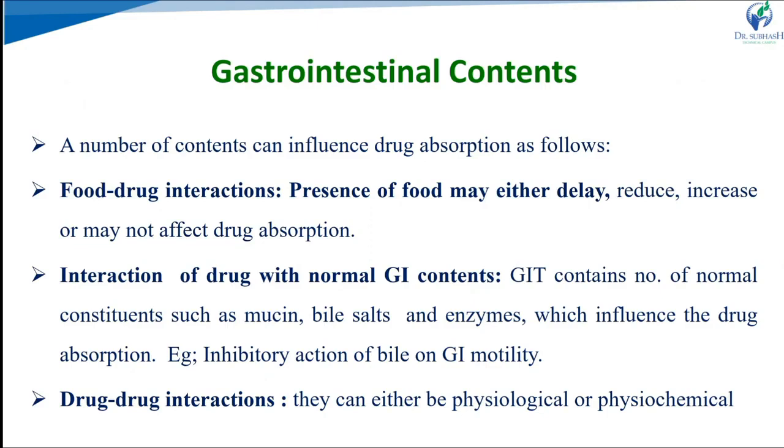Interaction of drug with normal GI content, like the presence of mucin and bile salts, and the inhibitory effect of bile on GI motility, can be seen in the absorption part. Drug interactions also affect absorption.